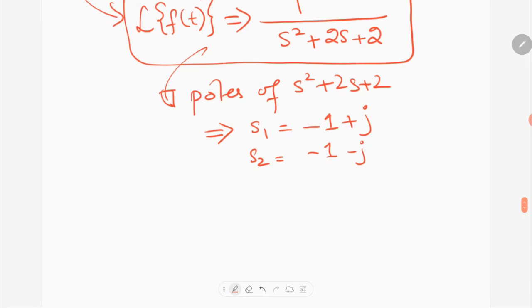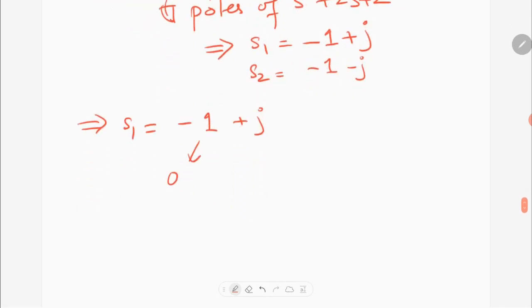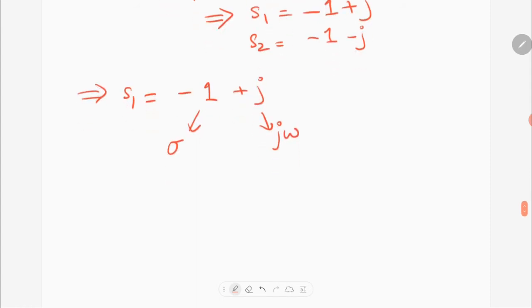So if we just take the s1 pole, minus 1 plus j, we can see that this is our sigma and this is our j omega, right? So it tells us that we have some signal which decays with the rate of minus 1 in the time t, and it has some frequency, which, as omega is 1, because there is no value so we say that it is 1 radian per second.